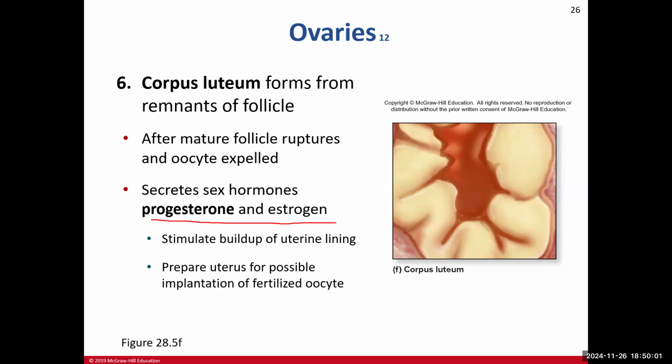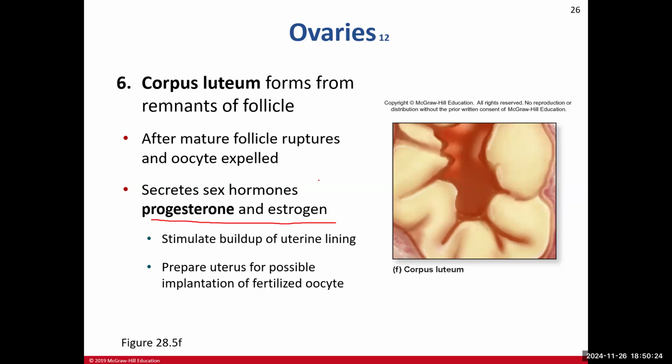It's going to do that regardless, but if fertilization occurs, this thing is going to be in operation for a couple of months. If fertilization doesn't occur, then this thing will degrade and turn into scar tissue, which we call corpus albicans.